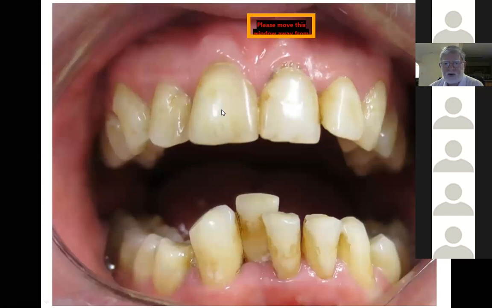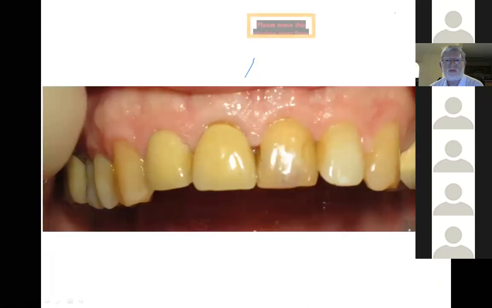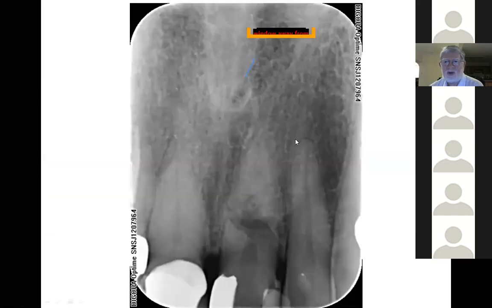Not the greatest of teeth, lots of crowding. We need to do a good cleanup. If this is not giving the patient any problem, then we would maybe leave that completely behind. So again, we've got crowns across there, a discolored tooth across here.